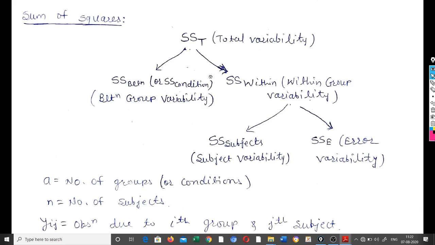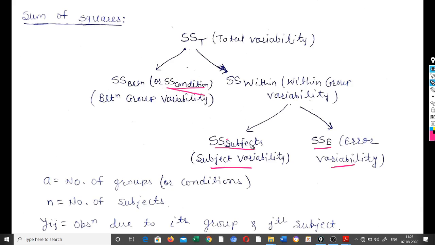SS between is also called SS conditions, because in the last example there are three conditions. And SS within is again divided into two parts, which are SS subjects and SS error. This is called subject variability and this is error variability.